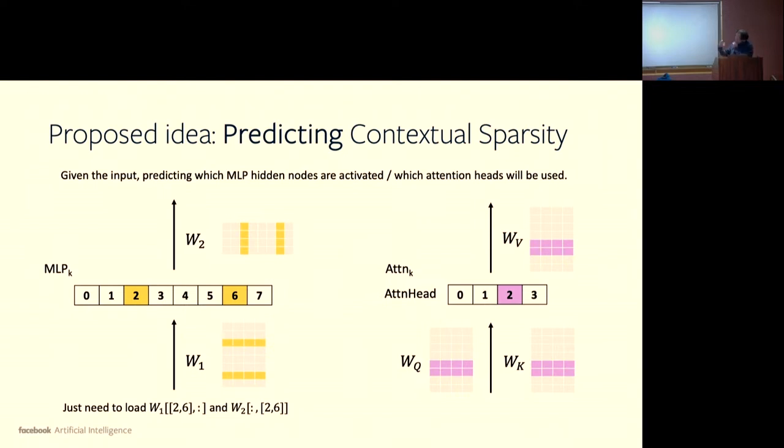And we all know that on a GPU, loading memory to cache is very, very slow, probably a few hundred GPU cycles, compared to computation, which usually takes only a few cycles. So if you load fewer weights, you will have a much faster feed-forward speed.